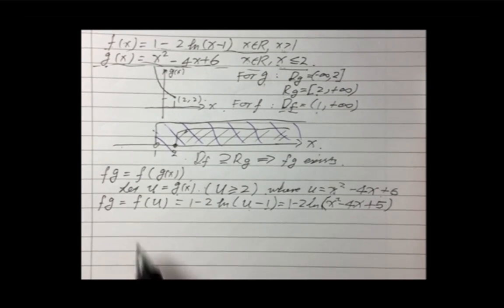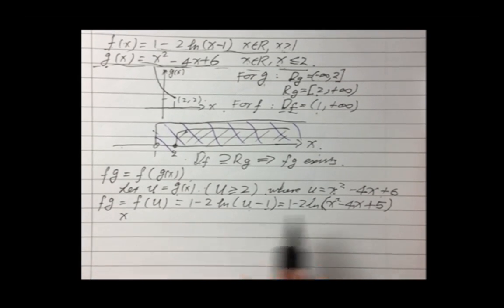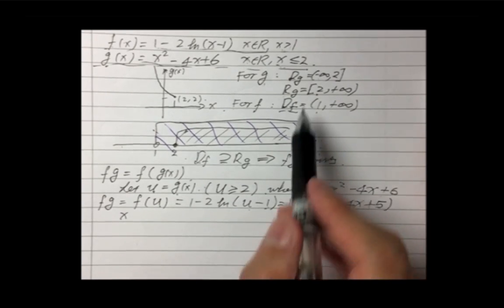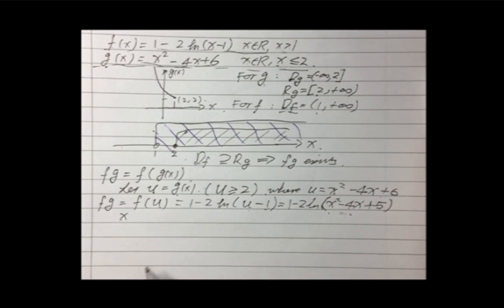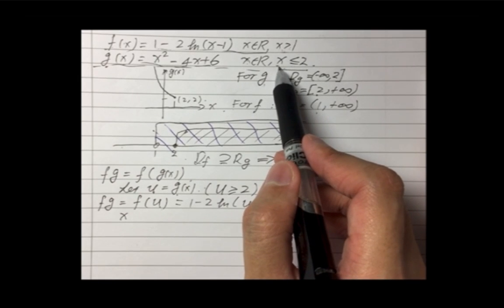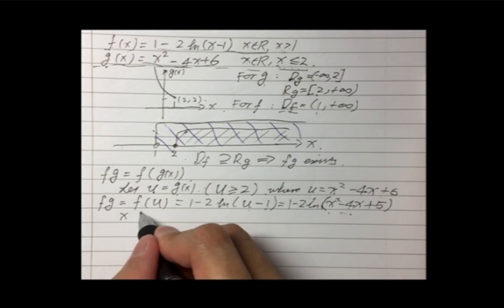What is the range for fg? Actually, we know that x, in this case, we must use the domain of g, right? Because it's inclusive. So the domain of g is x less than or equal to 2.